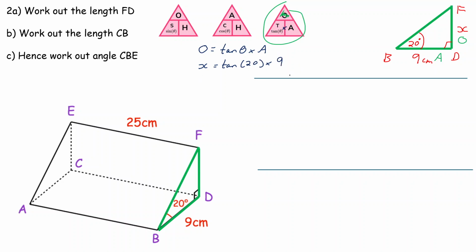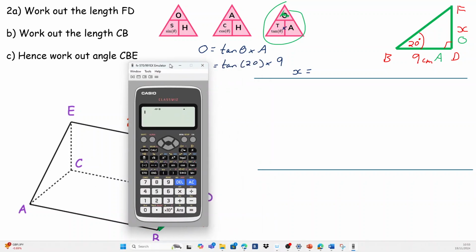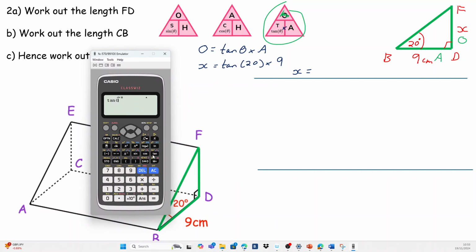Put this in my calculator, and I say that X is equal to tan 20 times 9. Let's go and whack that in. So I've got tan 20 times 9, enter it, and let's not round too early here because we might get some issues.